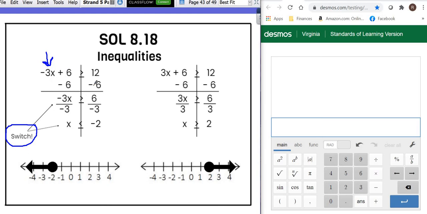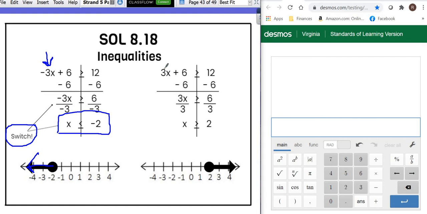Here we subtracted 6 from each side and got negative 3x greater than or equal to 6. We divided by a negative, which switched the inequality, and that's how we got x is less than or equal to negative 2. So that would be a closed circle at negative 2, and the arrow follows the direction that the inequality points, so less than goes left.